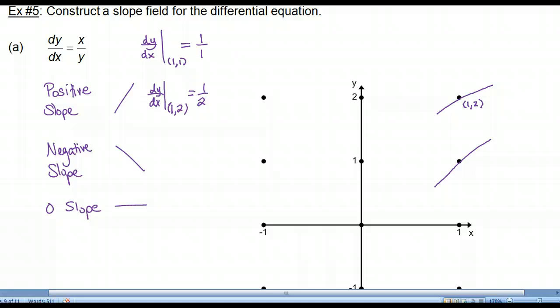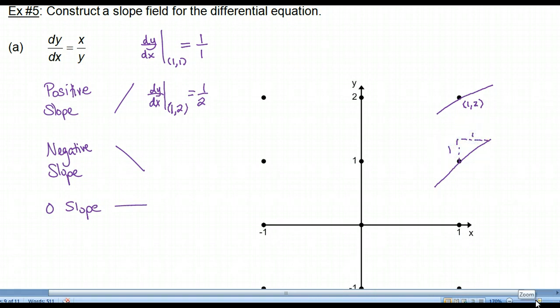It's like algebra 1: slope is rise over run. If you have a slope of 1, then the amount of rise to the run is about the same, so up 1 to the right 1.